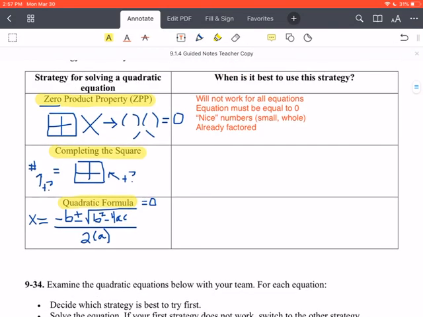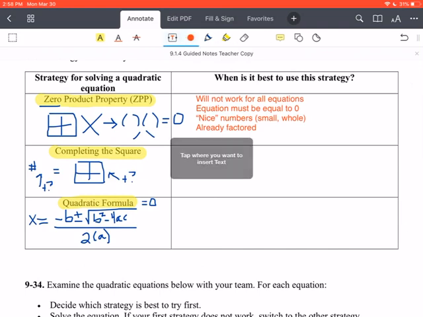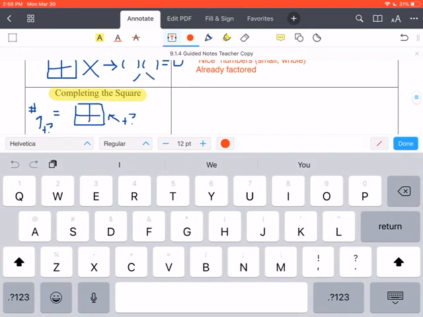Okay, so completing the square technically can be used for every case, but I don't want to get that in your mind because sometimes it will get really messy. So with completing the square, the first time we're going to use it is if something's not easily factorable.